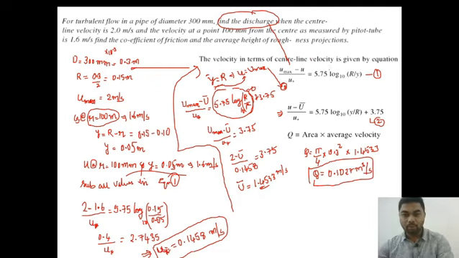If we solve for f, square root of f by 2 is equal to 0.1458 divided by 1.4533, and we send the square root and 2 to the other side. On solving this, the value of the coefficient of friction f will be around 0.02.